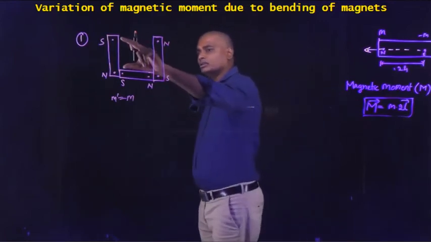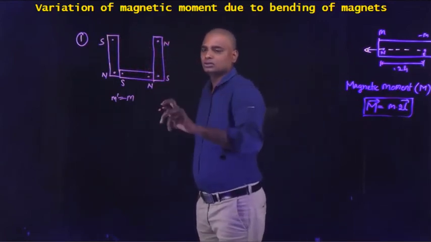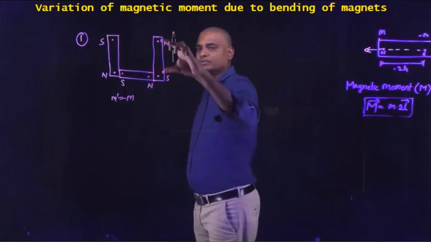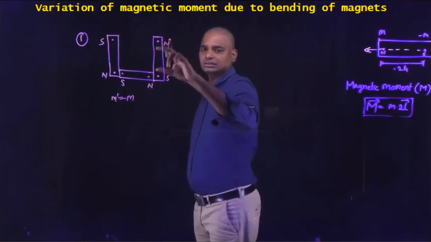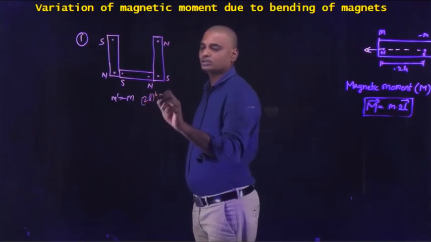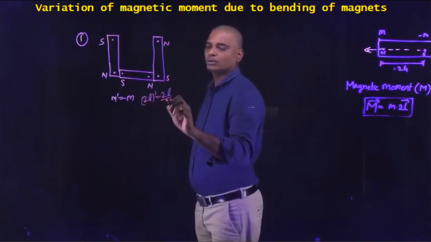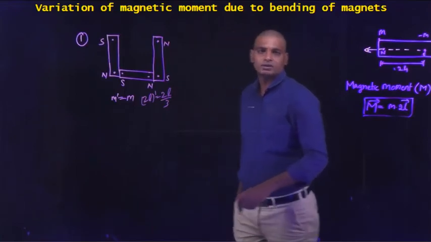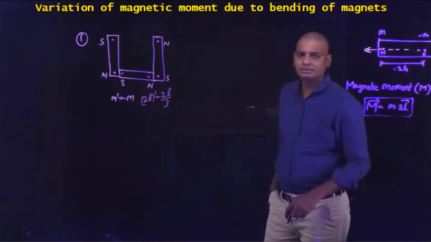We considered three equal parts, so the new magnetic length between the two poles in each segment is 2L dash equal to 2L by 3.